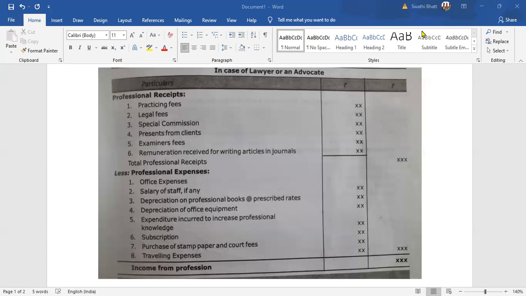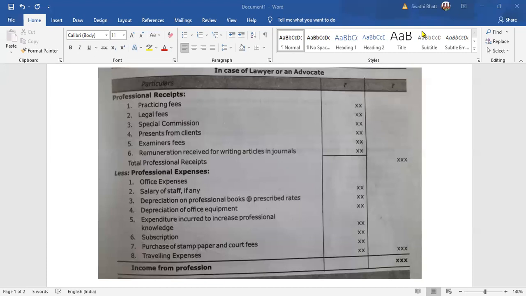You go to any lawyer's office, the first thing that you can notice is lots of law related books in his office. So one of the major assets for any lawyer or advocate is the books. You can also find them referring to different kinds of law books. So those are the professional books.